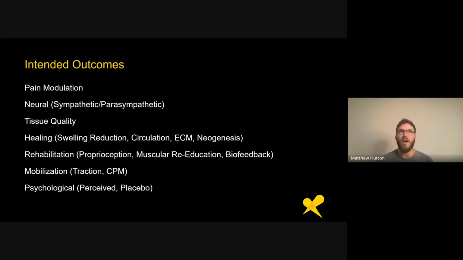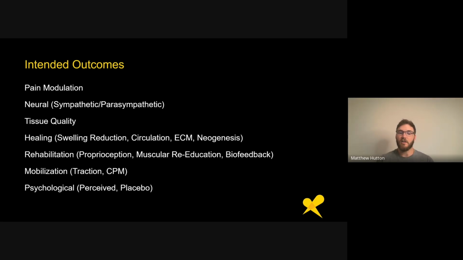Usually it's the agonist you're trying to contract and get a stronger EMG signal, but you also want a quiet antagonist muscle so that you're not relying on a co-contraction, but actually getting true isolation of the individual muscle. Then mobilization, using things like traction or CPM machines to facilitate movement or mobility, and really just trying to create movement, again, leading to the restoration in the rehab process.